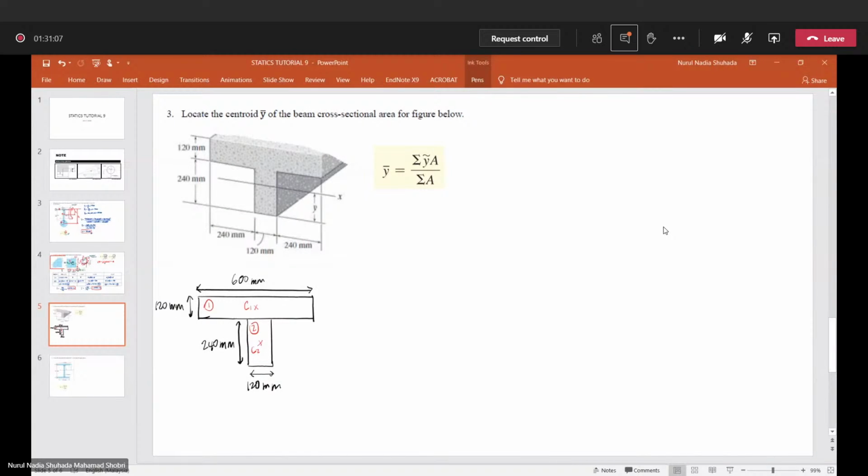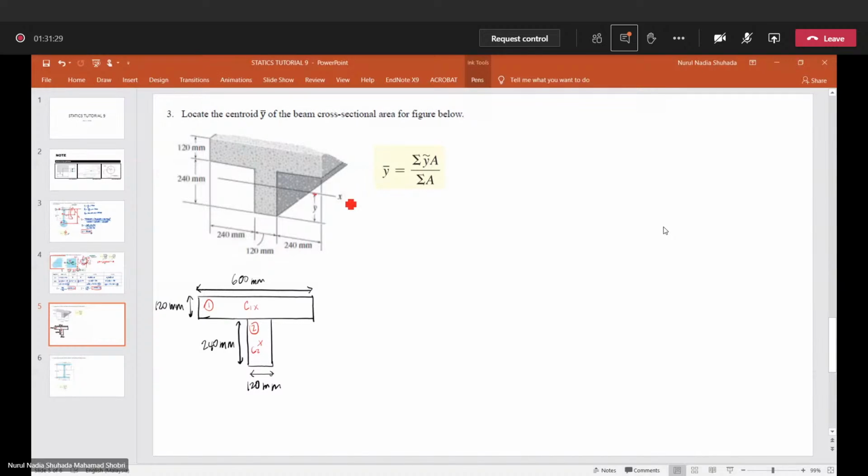It's given that if you want to measure the centroid y of the diagram, you have to measure it from here. Here means the centroid. For example, the centroid is here, from here to the bottom.